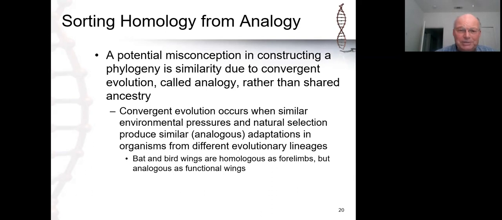So under those circumstances, a bat's wing and a bird's wing represent convergence on a common solution to a potential solution to a common problem.